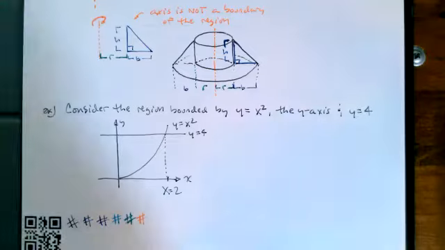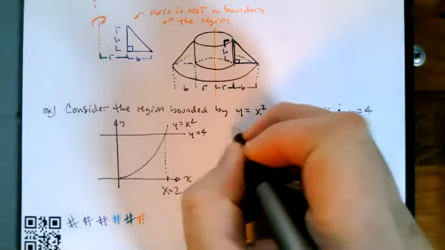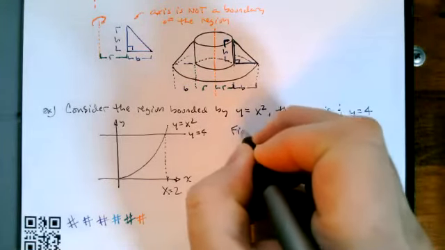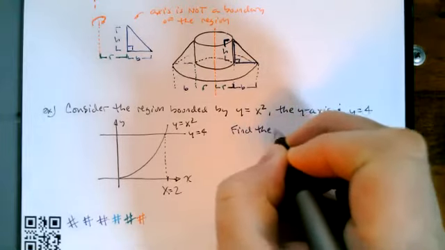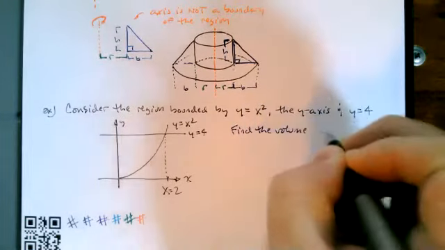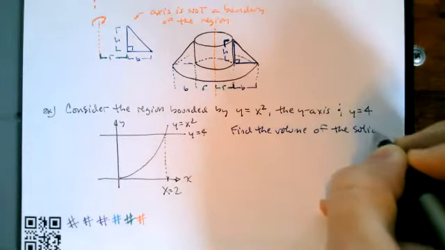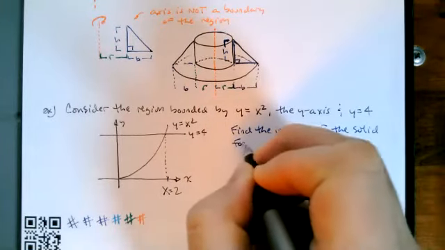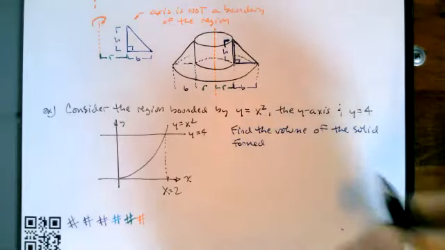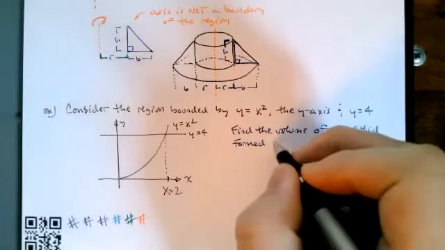Find the volume of the solid formed by rotating the region about the y-axis.